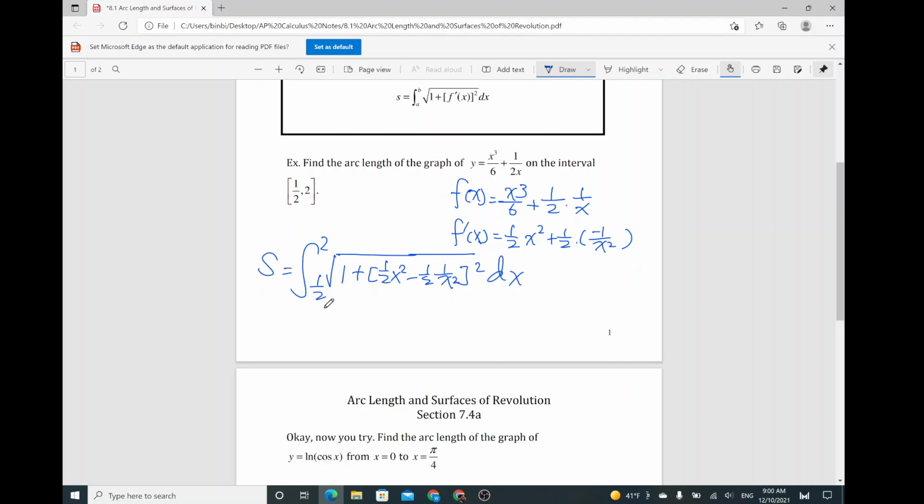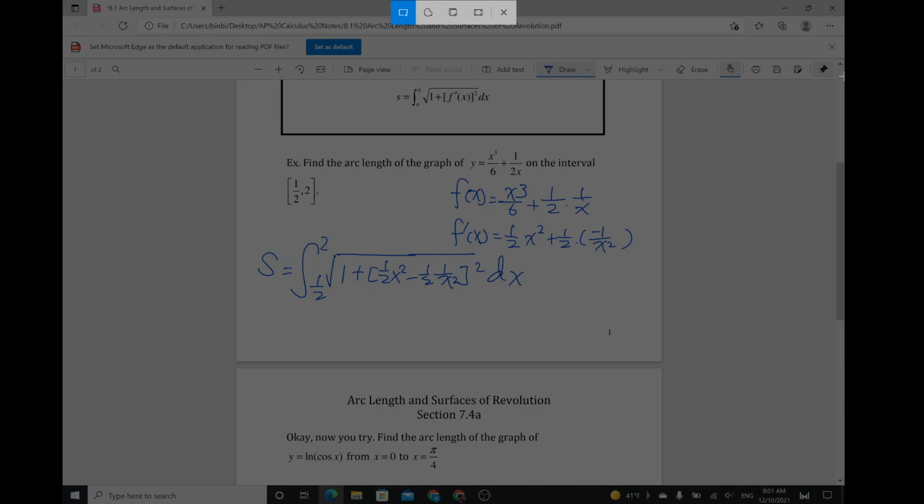This one is going to be a lot of work that you need to show: expansion, simplifying. That's what I'm going to show you on one of those pages. Let me pause here real quick. Let me snip this one, because it's going to be a lot of work to do manually.